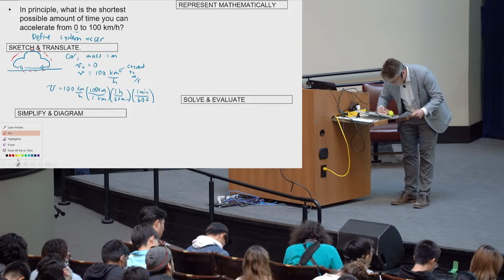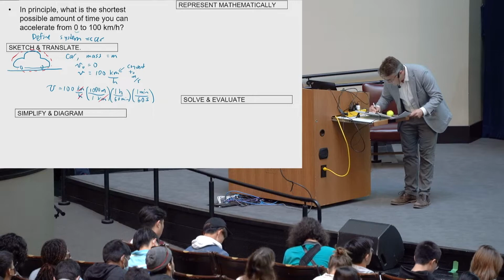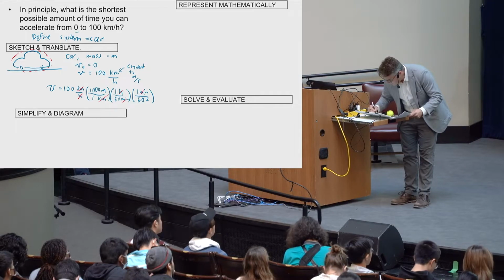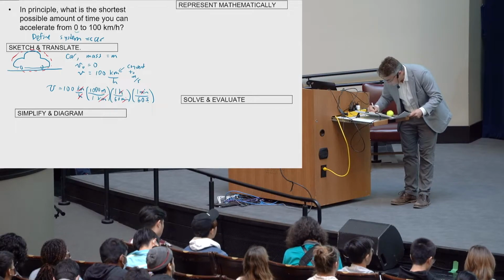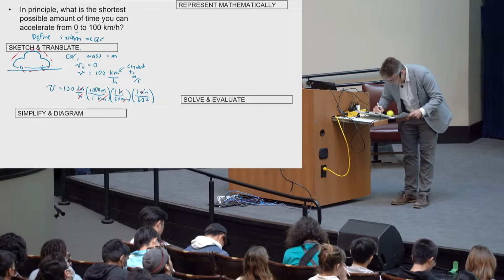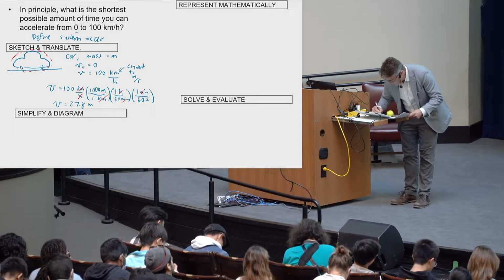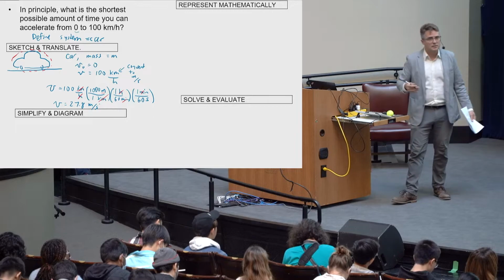The reason I've done that is because I want kilometers to cancel kilometers, hours to cancel hours, and minutes to cancel minutes, so all we are left with is meters and seconds. So if I multiply it out, V is equal to 27.8 meters per second. I times by 1,000, divided by 60, and then divided by 60 again.